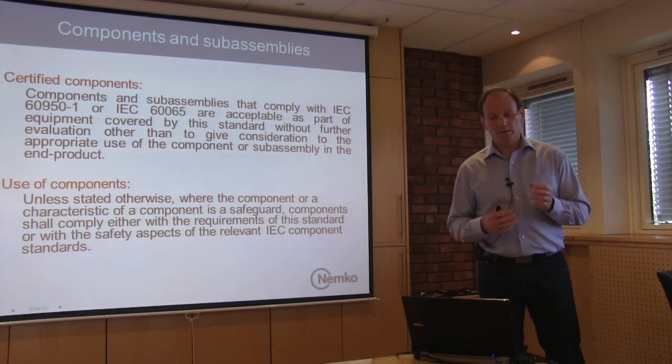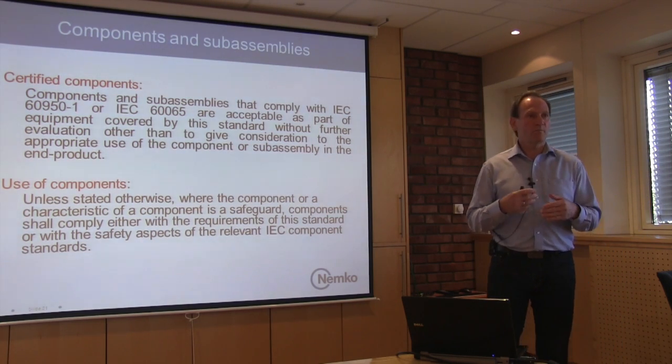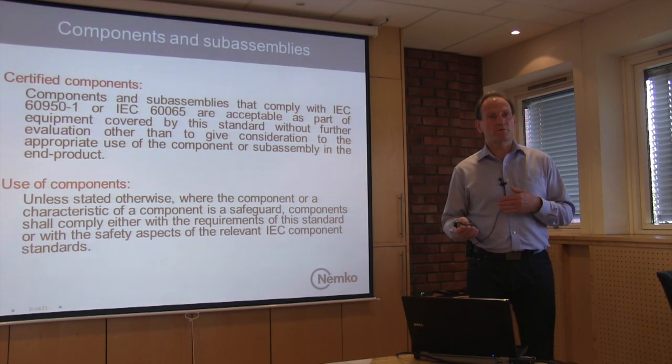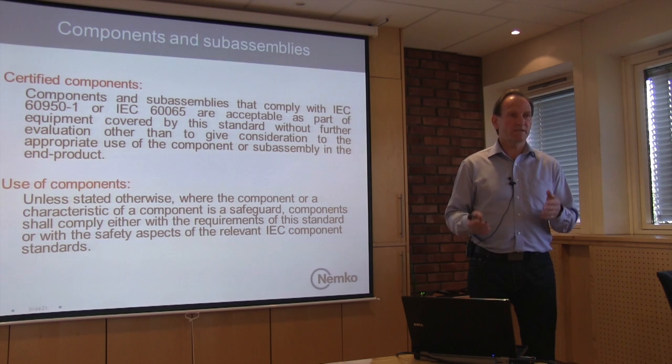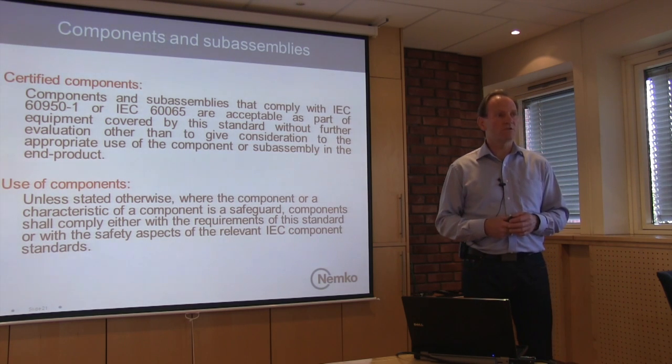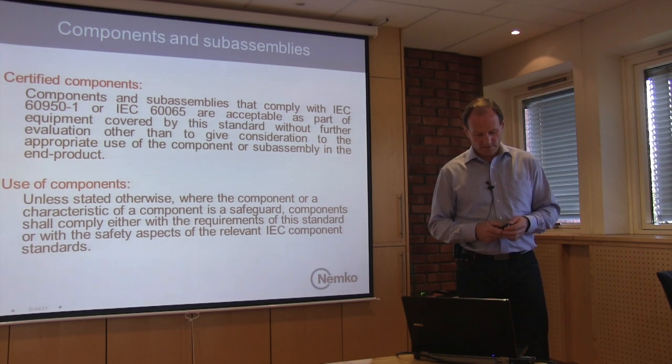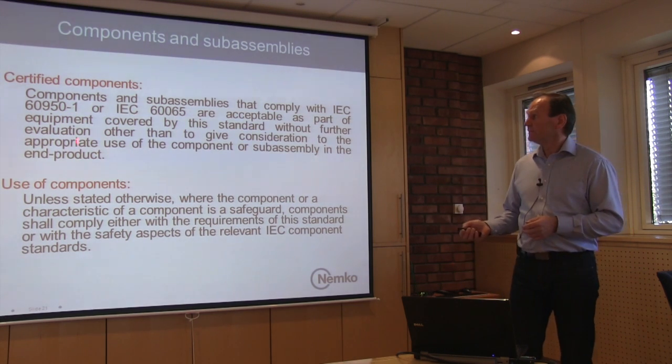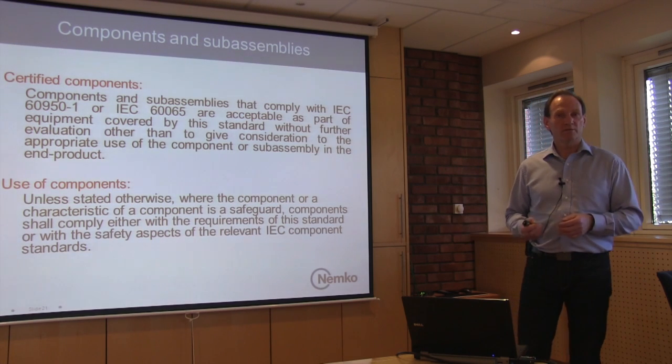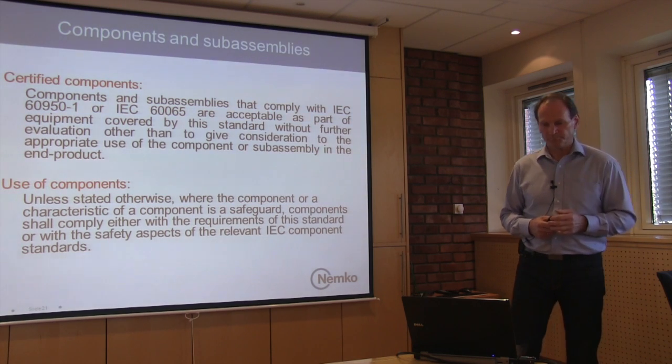The meaning of this is to make a smooth transfer from 950 and 65 into 62368. And this will also be taken out of the standard after a while. So this is just an interim introduction.